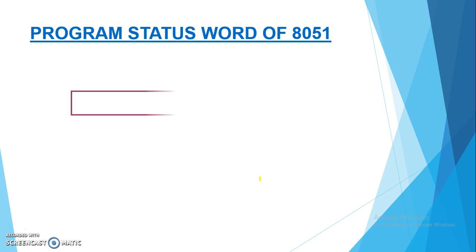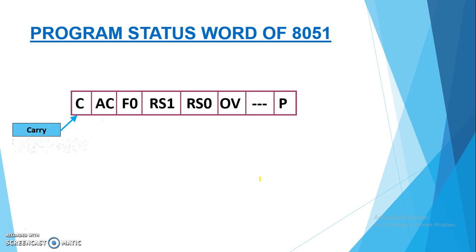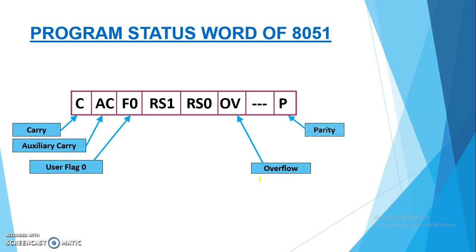Now, this is the PSW of 8051. Very importantly, the PSW, program status word, contains all the flags: carry flag, auxiliary carry flag, user flag 0, RS1, RS0. These are the register bank selection bits.